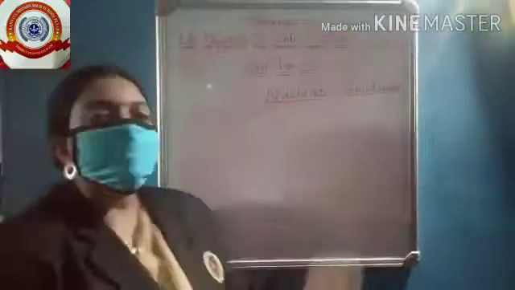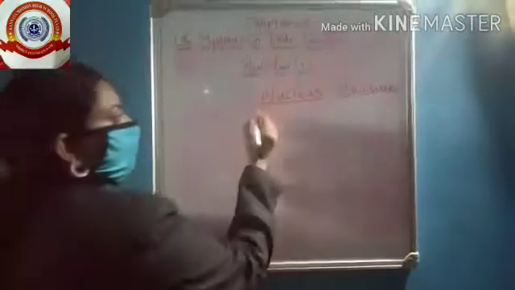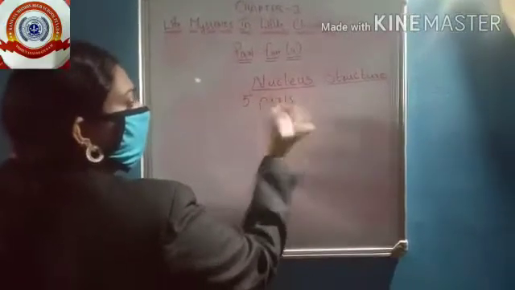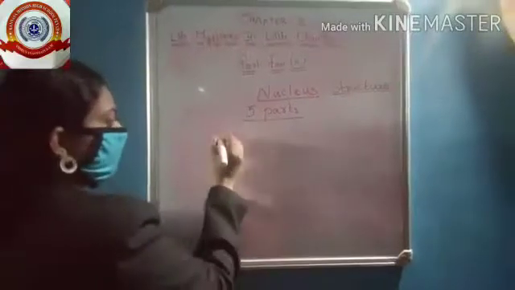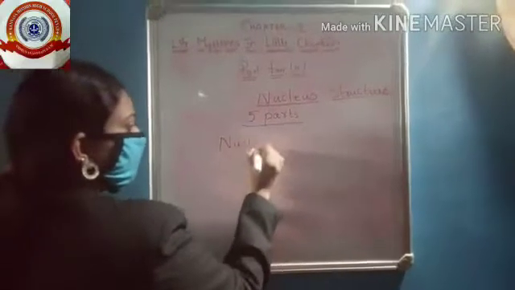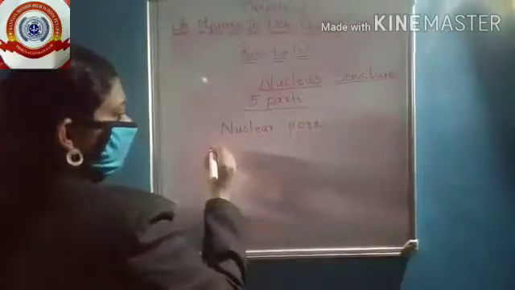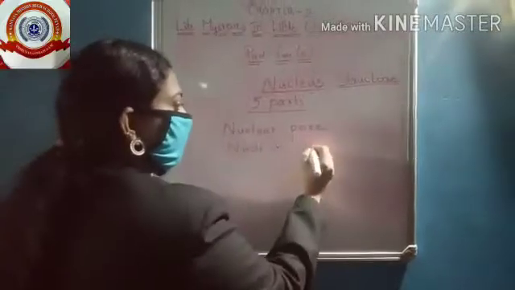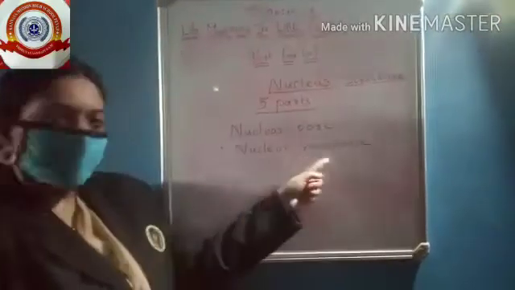Let's study about the structure of nucleus. The nucleus has 5 parts. First one, nuclear pore. Second one, nuclear membrane.